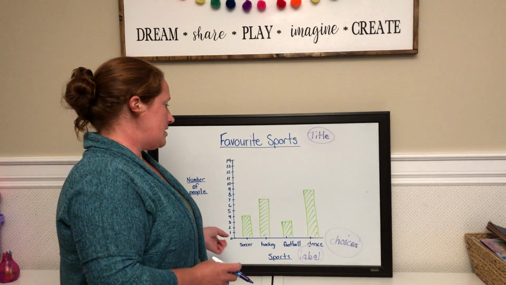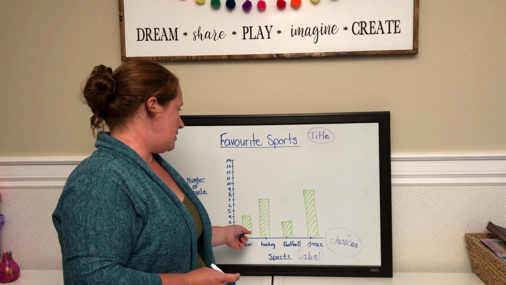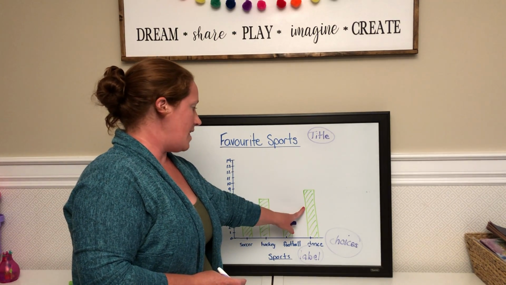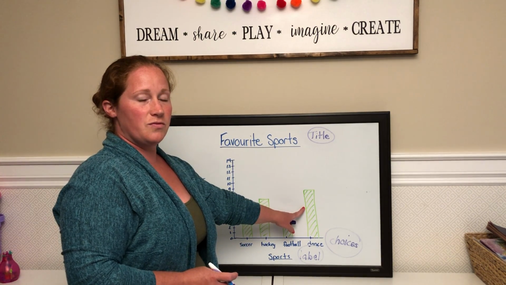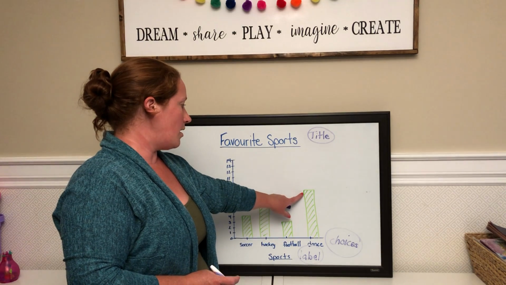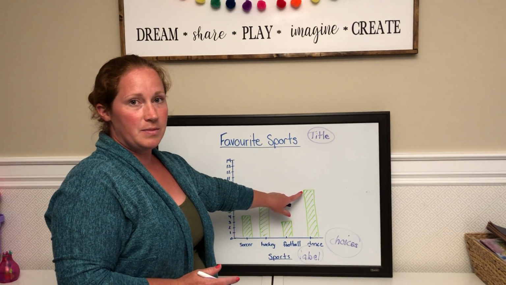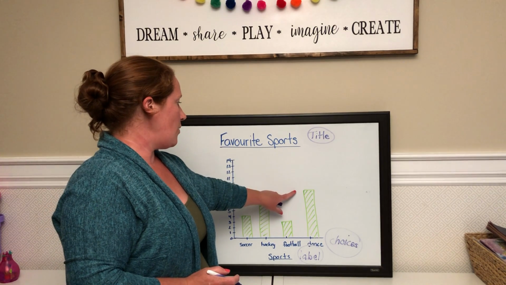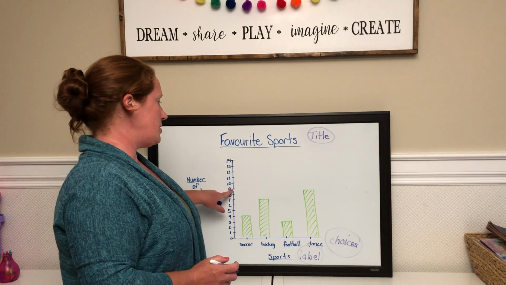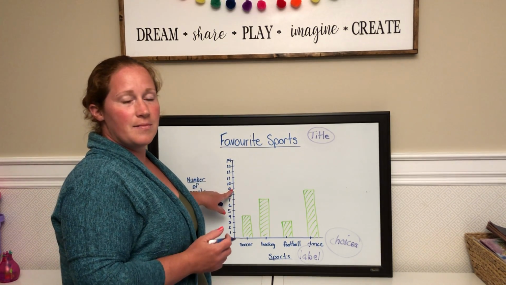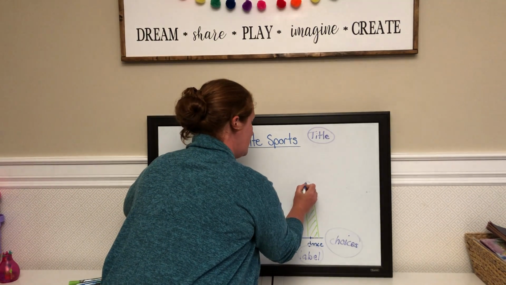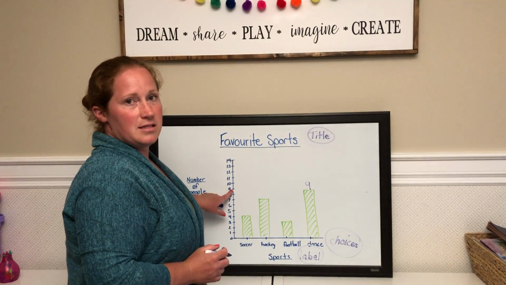If you take a look at this graph, we can see right away that dance had the most votes, because the bar on dance goes the highest. Now, in order for us to know how many people chose dance, we look at what number the bar goes to. 9. That means 9 people chose dance as their favorite sport.